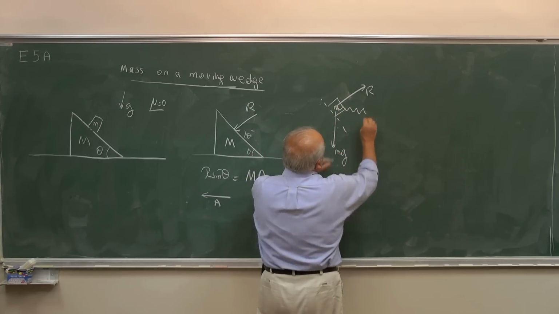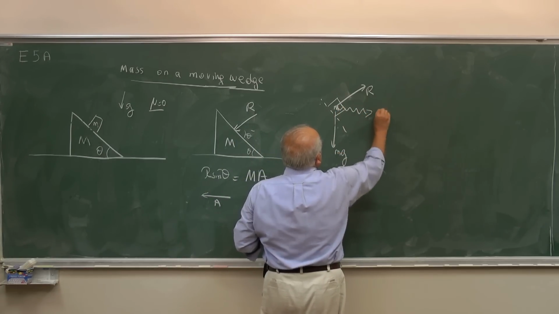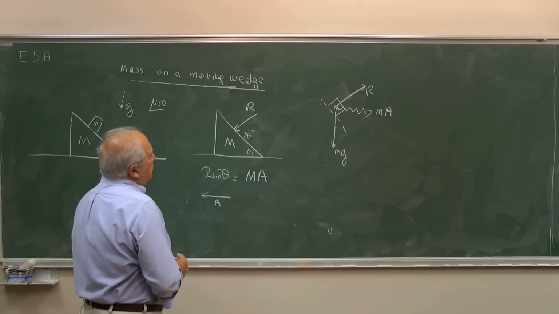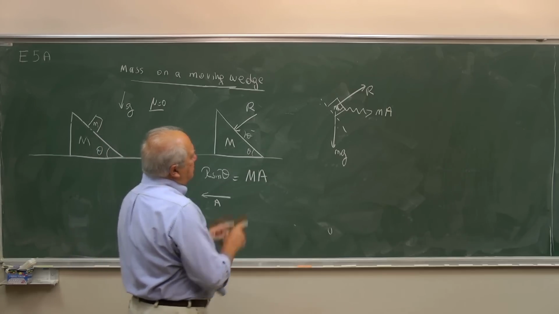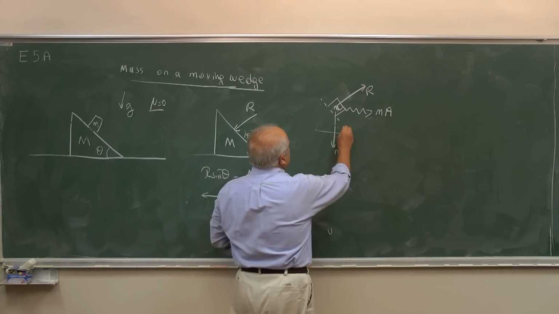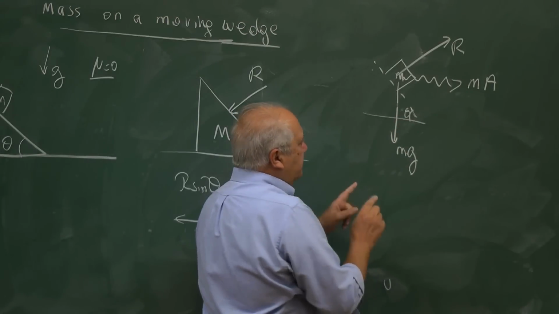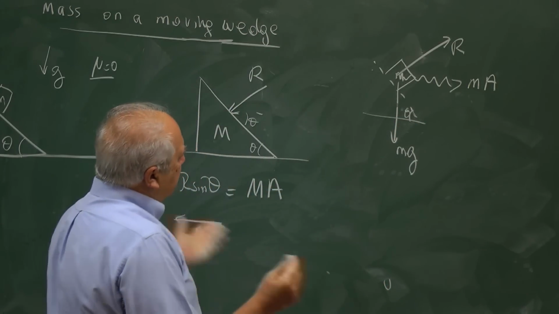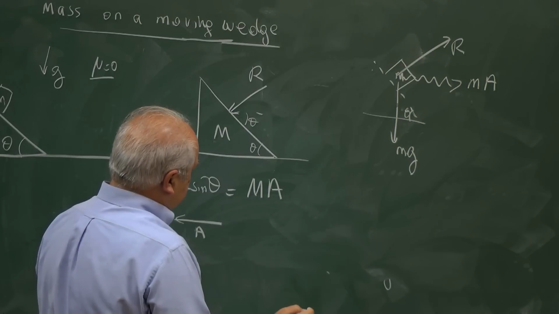I draw this as a wiggle, ma. Now we are all done, okay? So the motion is constrained to move along this line, which makes an angle theta, but you have to consider this fictitious force.